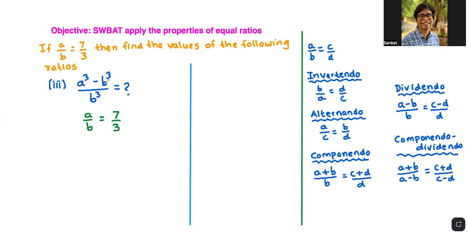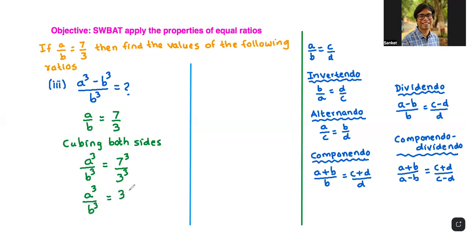I can see over here that A and B are both cubed. So I need to first cube both sides. So cubing both sides, I get A cube upon B cube is equal to 7 cube upon 3 cube. So I get A cube upon B cube is equal to 343 upon 27. Now can I apply dividendo? Yes.